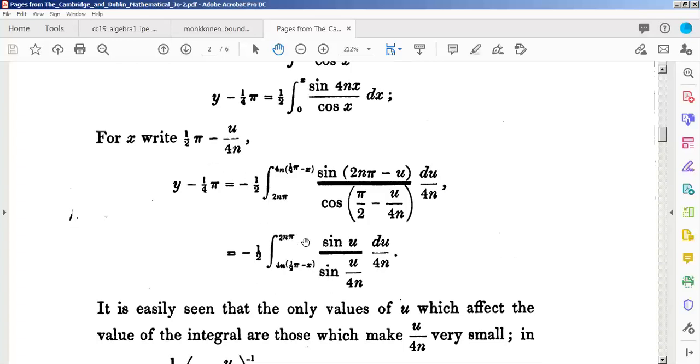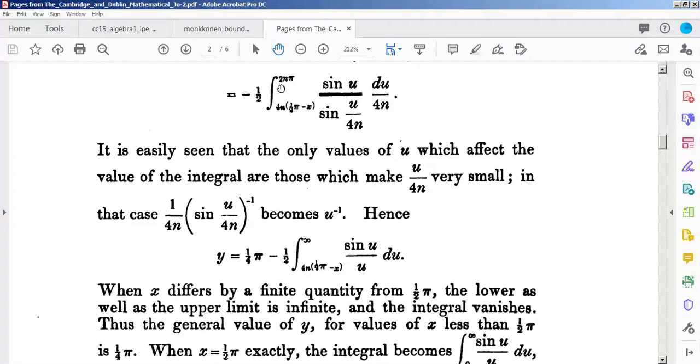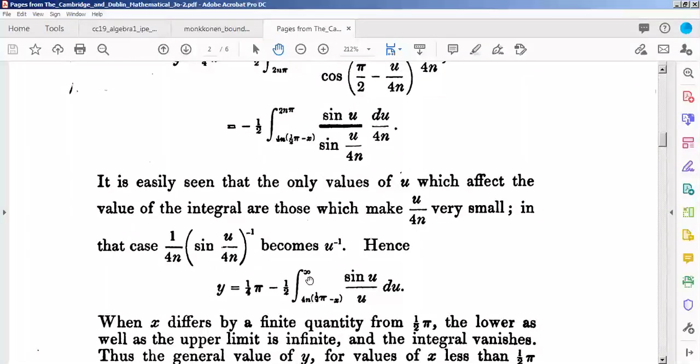So I think it's not really proper to just change this upper limit to infinity. I think you really want to keep it 2 pi n. Well, sine of 2 pi n is just going to be 0, but here I'm just talking about the limits on the domain, going from the lower limit to the upper limit of 2 pi n, which he knows because he correctly wrote it here.